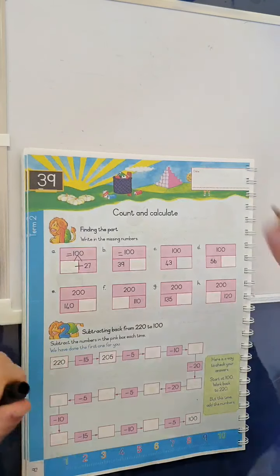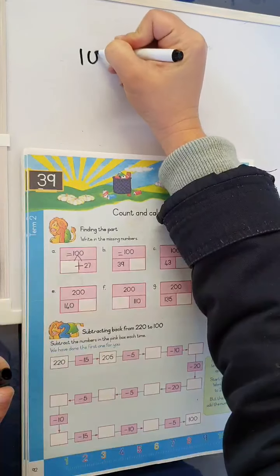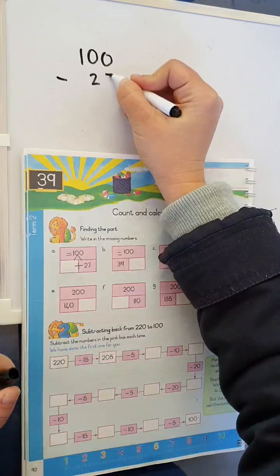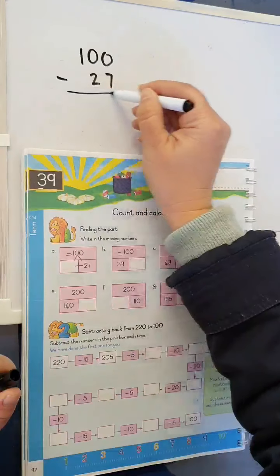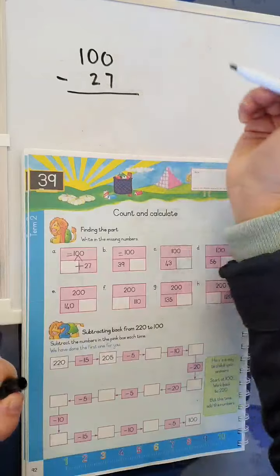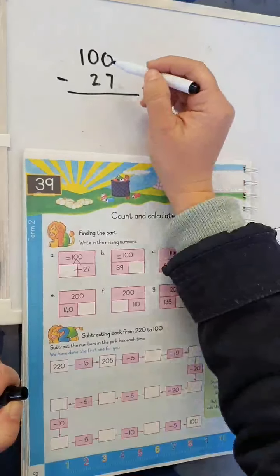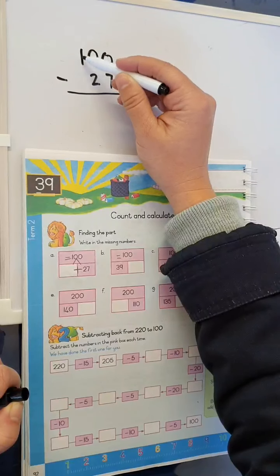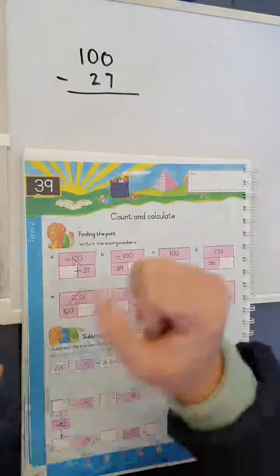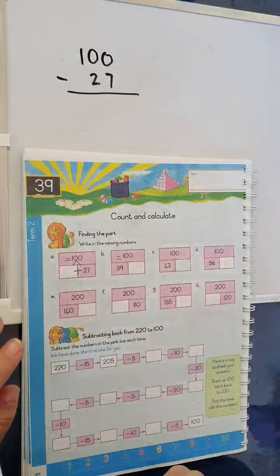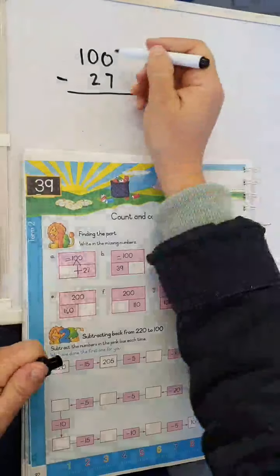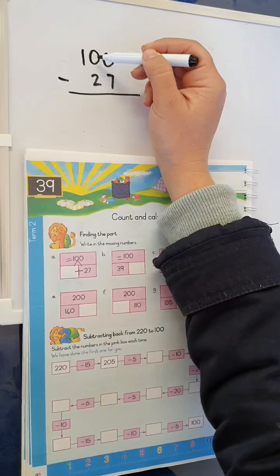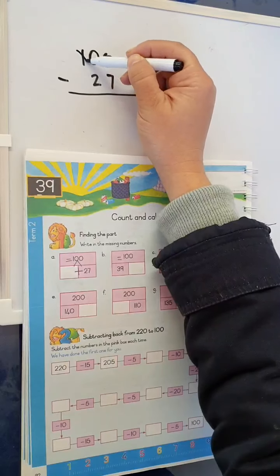Again, an easy way to do it, you can take 100 minus 27. Remember, biggest number always at the top. And then you do the top and the bottom part. Okay. Remember, if you cannot borrow, you go next door. Because when I have nothing, can I take away 7 from it? No, you cannot. So it means you have to go next door. But then you see, oh, but next door also does not have anything. So then you just go next door.